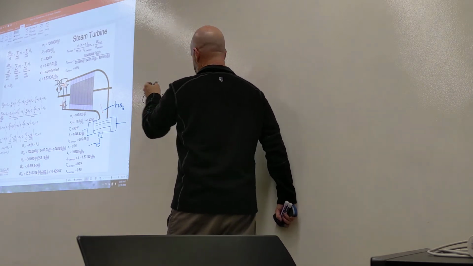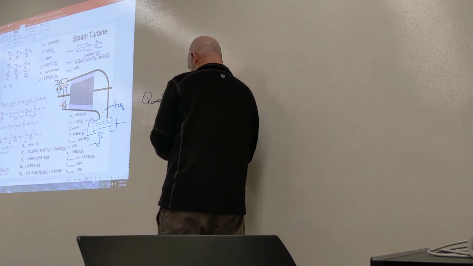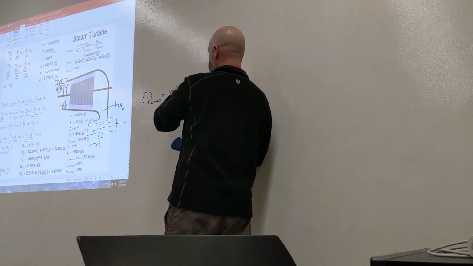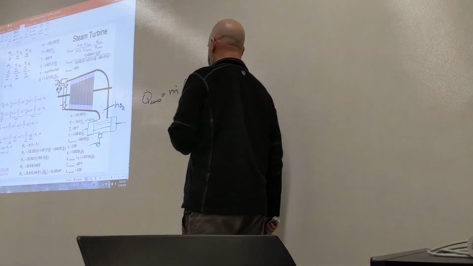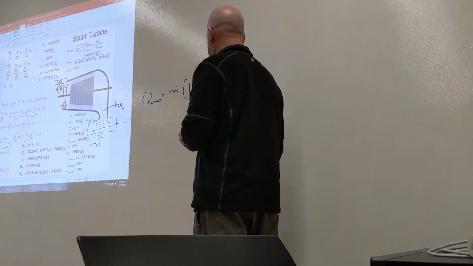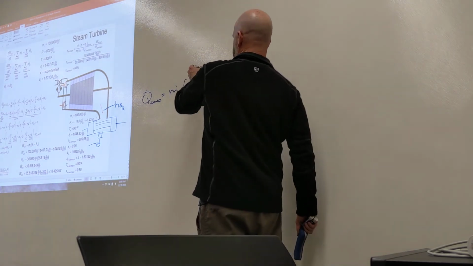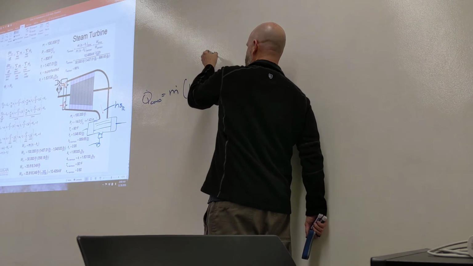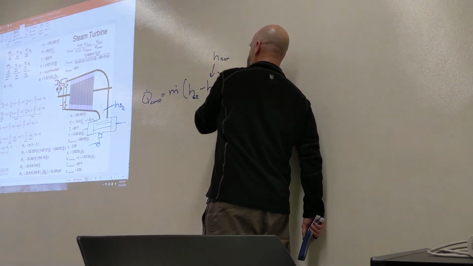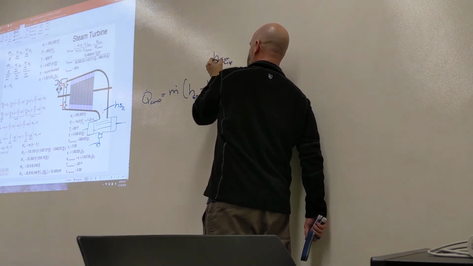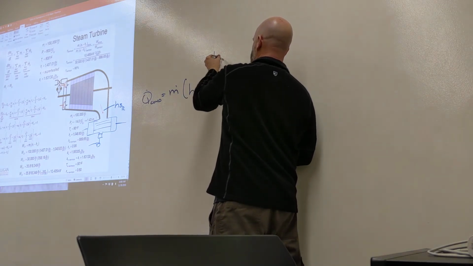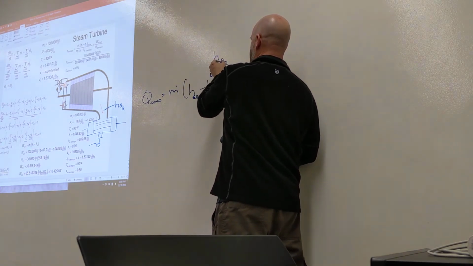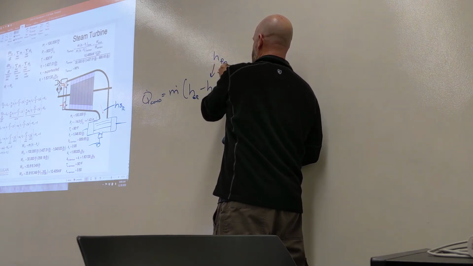Enthalpy entering is this H exit real, the enthalpy exiting the turbine, and the enthalpy exiting the condenser is going to be H sat liquid, otherwise known as Hf at P condenser.